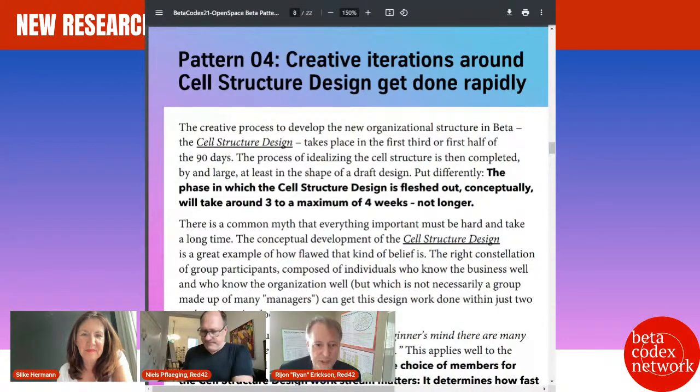Well, I think just looking at 3 to a maximum of 4 weeks, not longer. That's turning a pyramid into a sphere in 3 to 4 weeks, and that is reconstellating folks. That is the flip that makes the flip. And I think this is the curiosity: do you start to see people's eyes open around, oh, this is how communication happens.